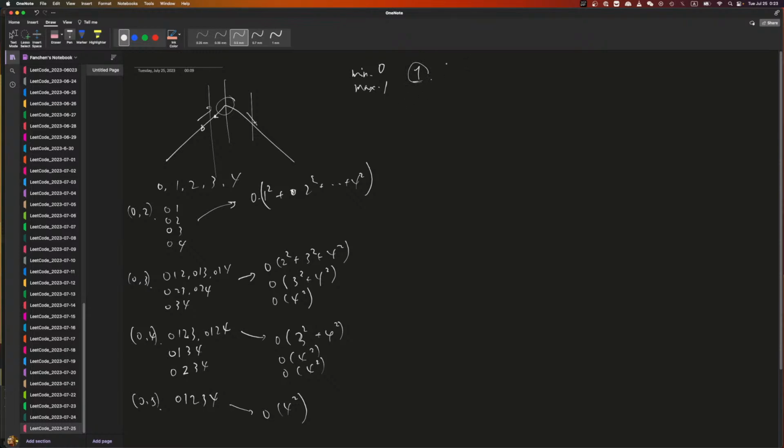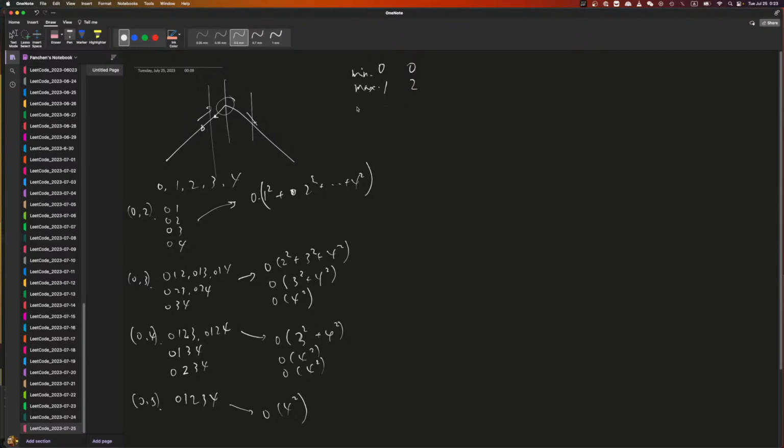If the mean is 0, max is 2, then how many are there in this range? Well, with 0, 1, 2, we have 3 values, but we have to include 0 and 2, so this is one possibility.